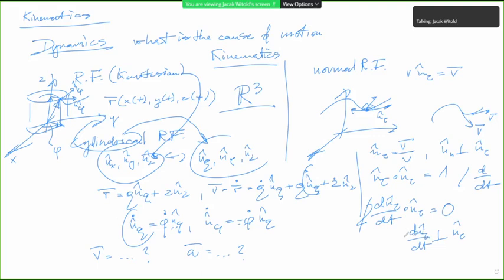So if that is the case, you can define an n-versor as d n_tau over dt normalized by its magnitude. So that is now a normalized vector.